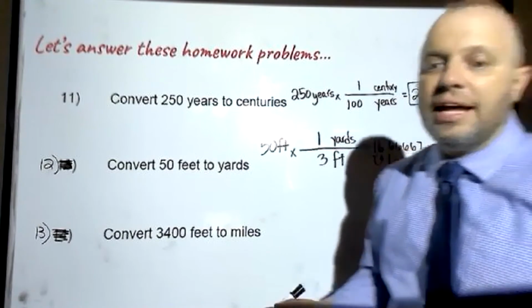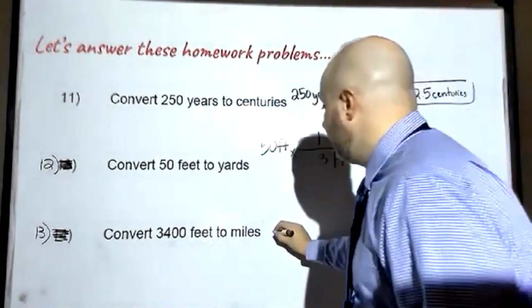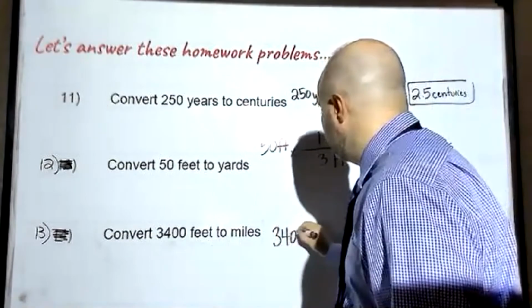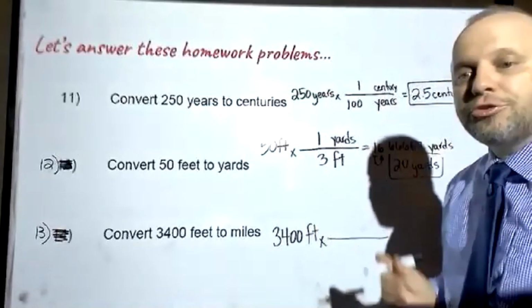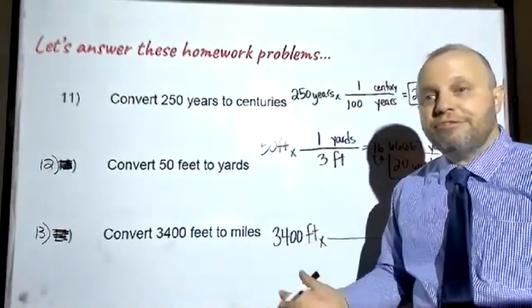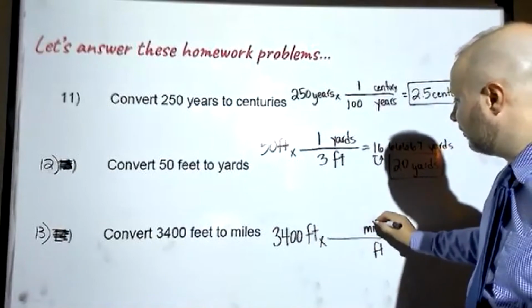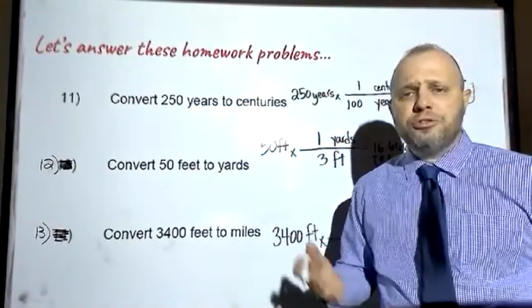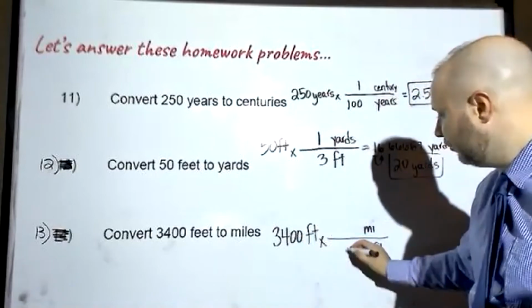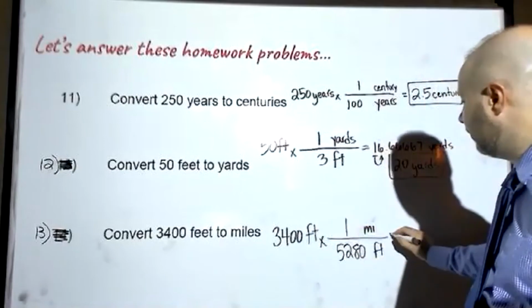And finally, the last one, number 13, we have 3,400 feet. We are trying to get rid of units of feet, so feet are going to go on the bottom. Miles are going to go on top. There are 5,280 feet in a mile, so 5,280 feet in 1 mile.